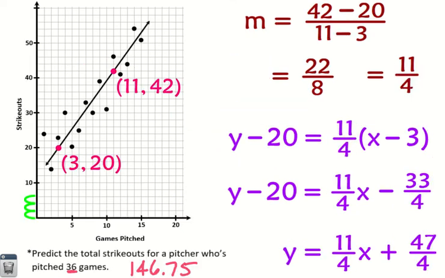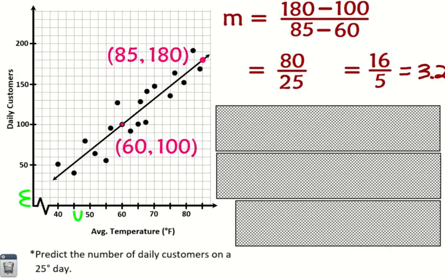But here's why I almost say, actually, never mind. Because here, check this out. You could look at this particular example, back to the daily customers and the average temperature. And you could go, all right, so I got this point and that point, and here's my m value, 3.2.